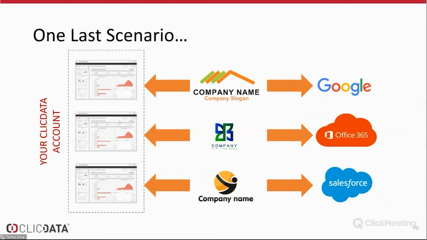Well, with OpenID, because it's the master account that creates the users, they can say, I'm going to let user so-and-so, who's one of my customers and uses Office 365, log into ClicData. I'll create their user profile and so forth. But how do I set up their single sign-on? How do I say, hey, ClicData, go check Google for us, but go check Office 365 for this user, and go check Salesforce for this other user? Well, as I said, we cannot do that. We only check against one.